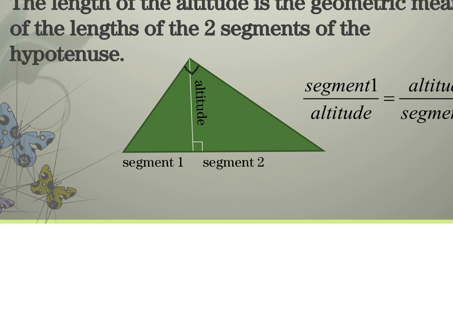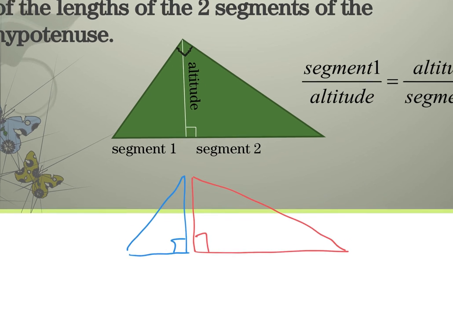Underneath this, I need you to draw both triangles, both small triangles, okay? So draw the one on the left, which looks like this. Not really, it's a little bit smaller. With a 90 degree, and draw the one on the right. Okay?